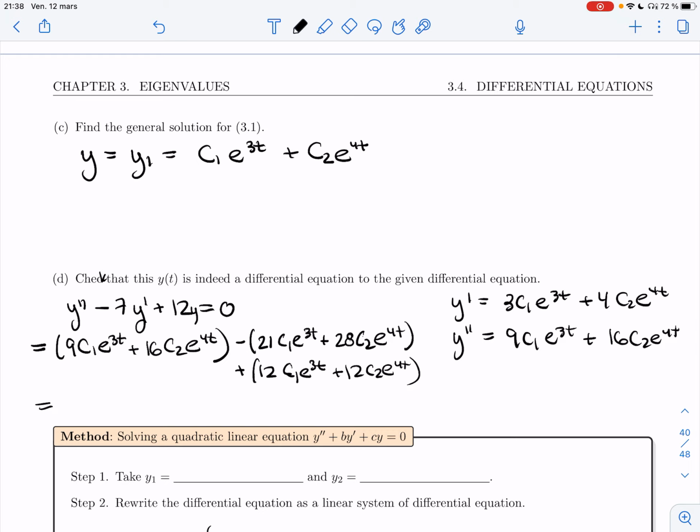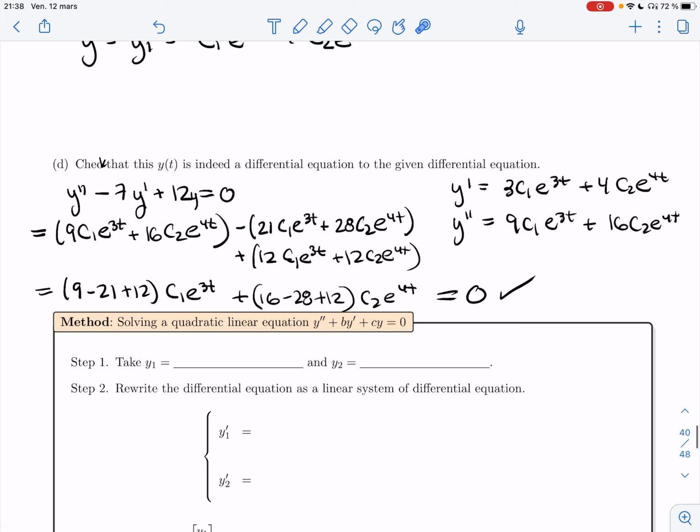All right, so what will I get? I get 9 minus 21 plus 12 times c1 e to the 3t, and then for c2 I get 16 minus 28 plus 12, I get 0 as well. And it works.